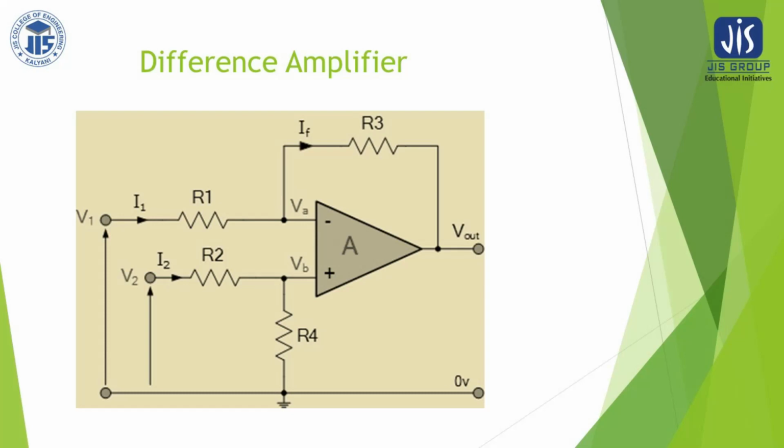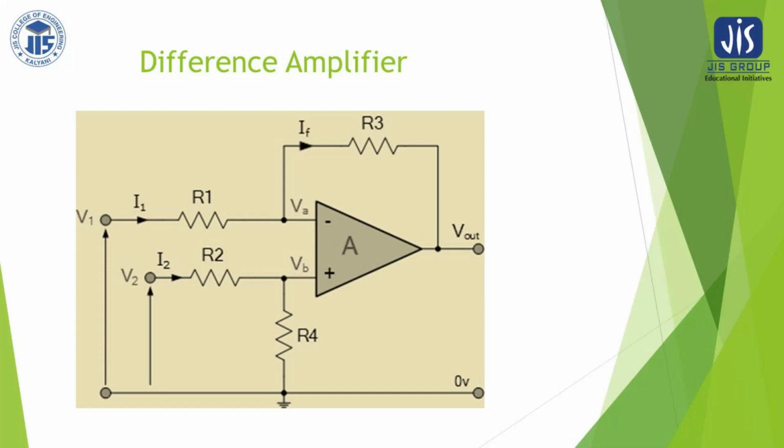Now we will go to the discussion of the difference amplifier. Here our target is to produce an output equal to the difference of the two inputs applied. One is applied to the non-inverting terminal, another is applied to the inverting terminal.